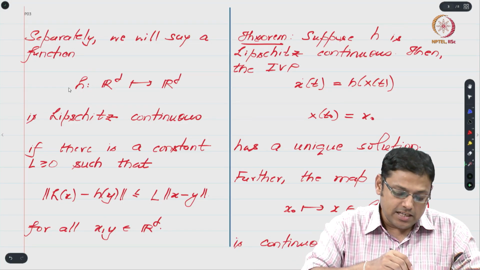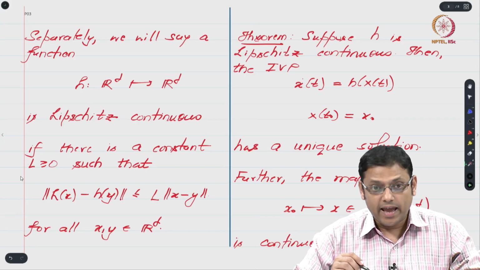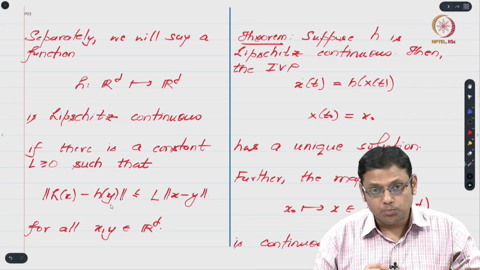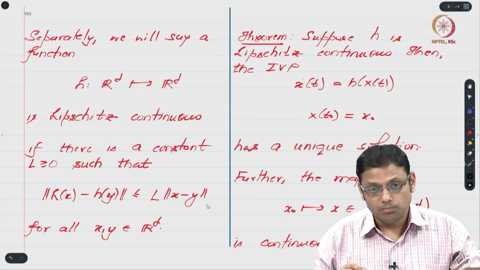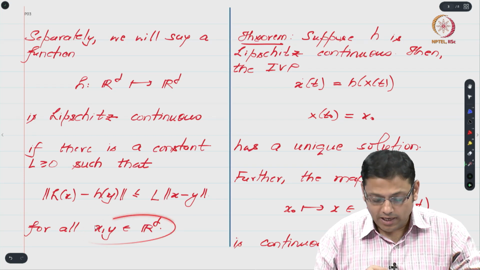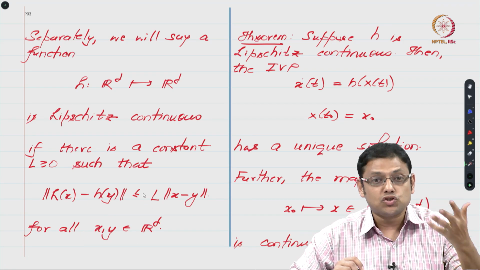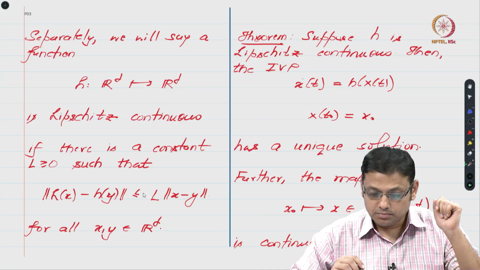A function h is Lipschitz continuous if there is a constant L greater than or equal to 0 such that the distance between the outputs is upper bounded by L times the distance between the inputs, and this should hold for all x, y in R^d, and this L should be independent of the choice of x and y. In that sense it is a universal constant.